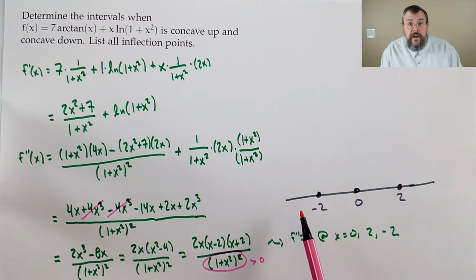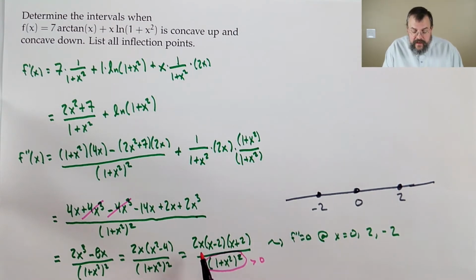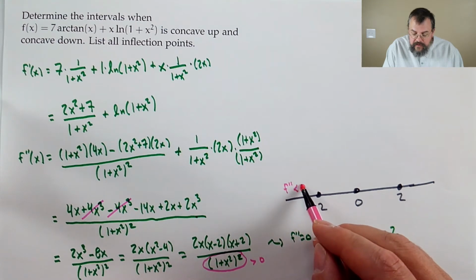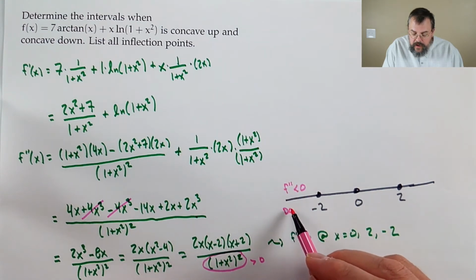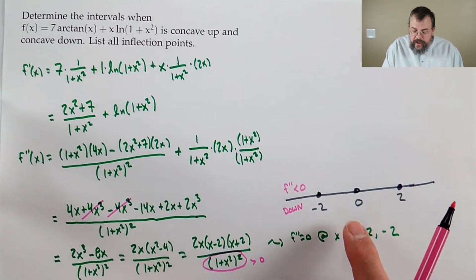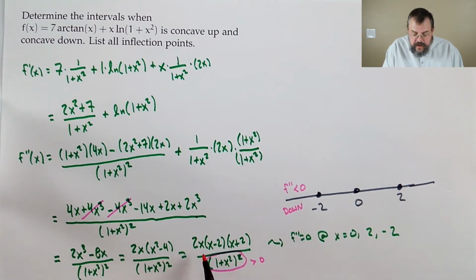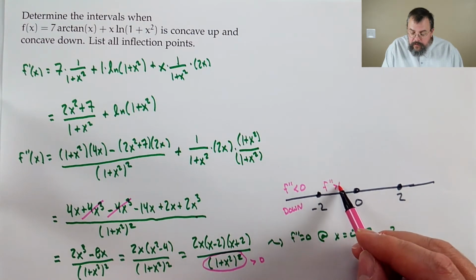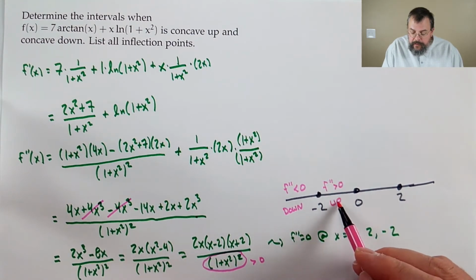So suppose you plug in something like -3. Negative, negative, negative. 3 negatives, meaning our second derivative is negative. Or if you like, we're concave down. How about -1? Negative, negative, positive. All right, there's only 2 negatives. Multiplying makes it positive. Concave up.